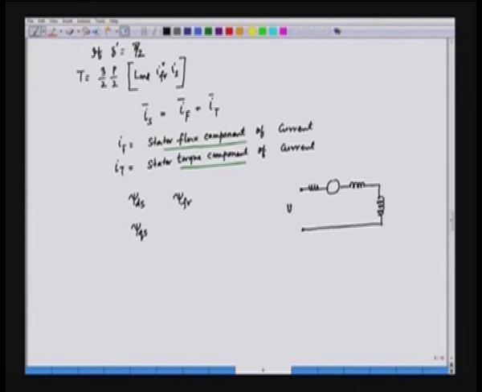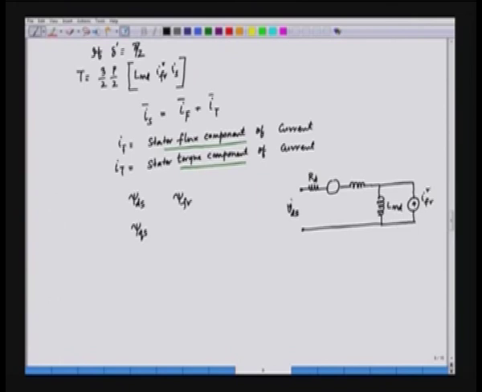Now, what we are applying here is VDS, the applied voltage, and this is RD, the resistance of the stator, and this is LMD, the magnetizing inductance in the d axis, and the permanent magnet is represented by a current component, and this current component we call IFR, in the rotor reference frame.